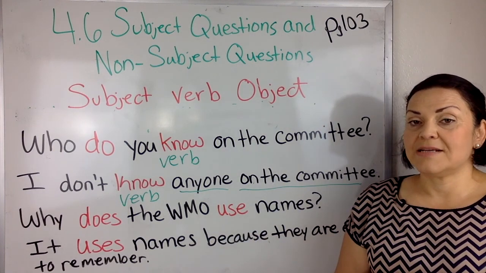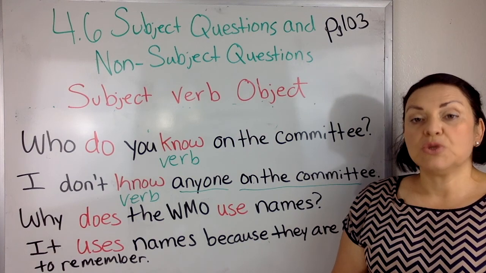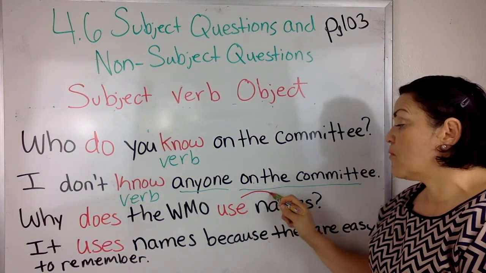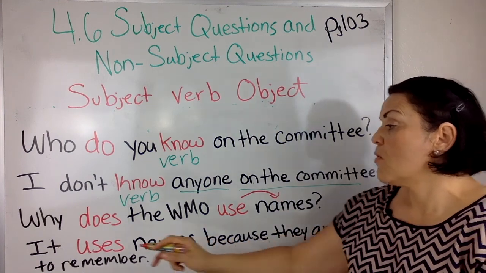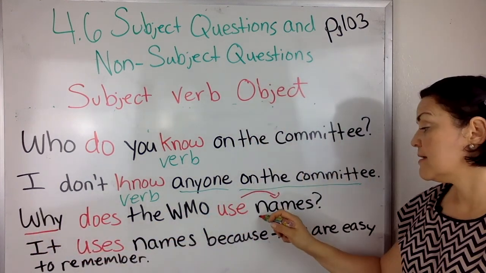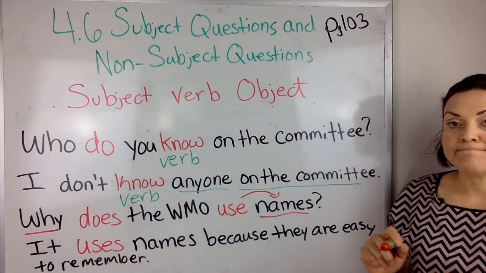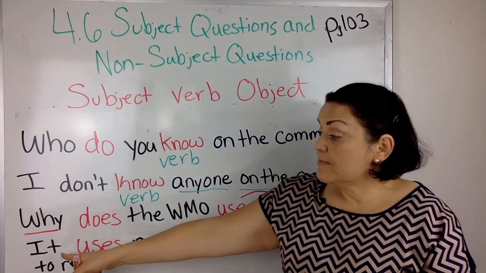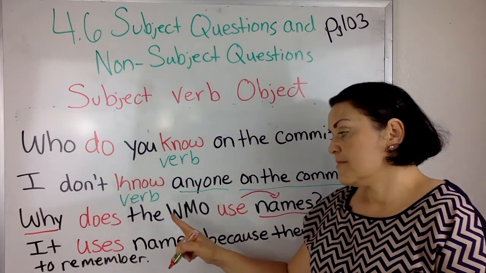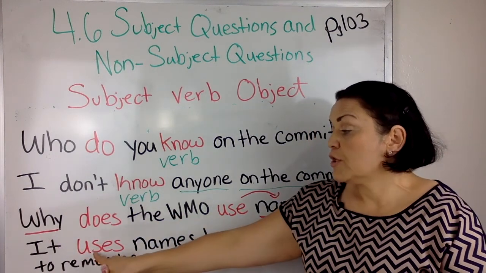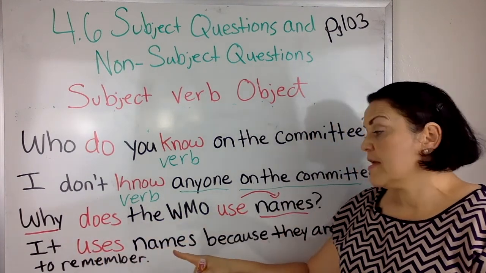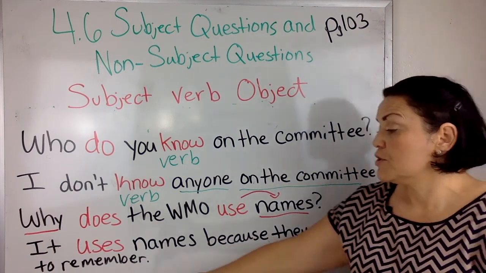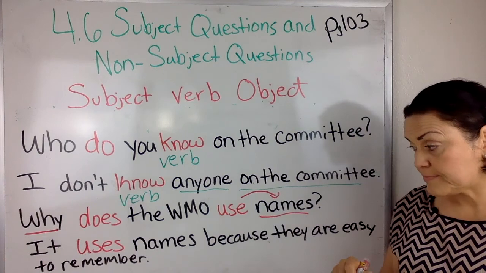Why does WMO use names? They want to know about why names. That's all they want to know, why names. So here we go. It, WMO, uses names because they are easy to remember.